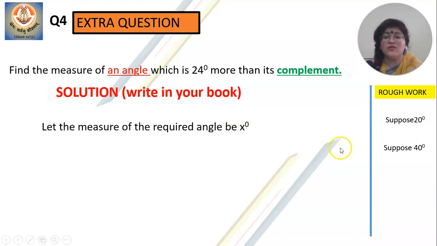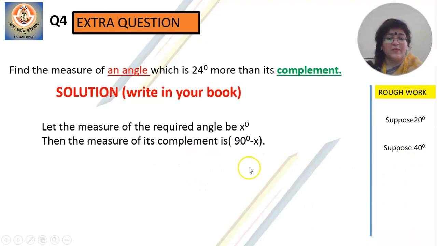Okay. Suppose the required angle is 60 degrees. What will be its complement? Its complement will be 90 minus 60. So likewise, what do you think will be the next step? Then the measure of its complement is 90 minus x. Students, if you write your x minus 90, it is considered incorrect.